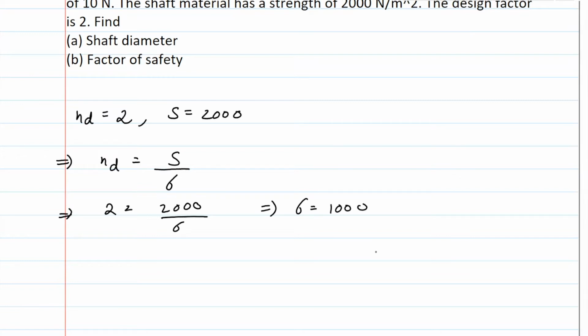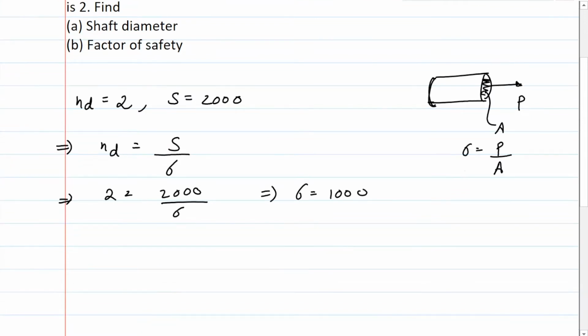Now the definition of stress, and maybe I should draw this. The picture you can think of is a shaft with a certain diameter. It's subject to a force, let's call that P, and there's some area here, the cross-section area. Stress is the force, in this case normal force, divided by the area. So the formula for stress is P, the force, divided by the area.